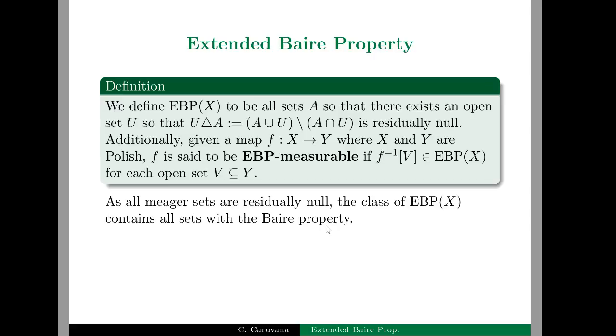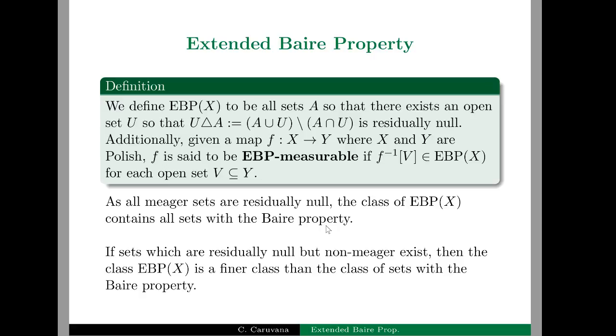Since all meager sets are residually null, this is our extension, so it contains all sets with the Baire property. And in models of ZFC where I have residually null but non-meager sets, this is a proper extension. So I have sets with the extended Baire property which do not have the Baire property.